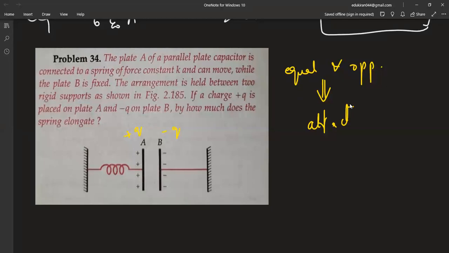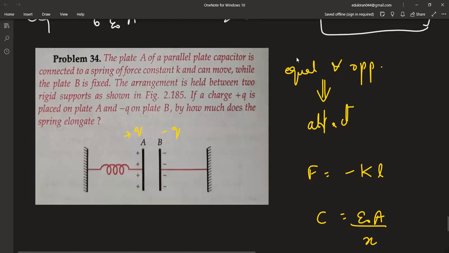And if they attract each other, the spring elongates by a length L. If the spring is elongating by a length, the condition of SHM is fulfilled, that is, F is equal to minus KL. This you must have done in your class 11. Now capacitance is equal to epsilon naught A by X, where X is the elongation.